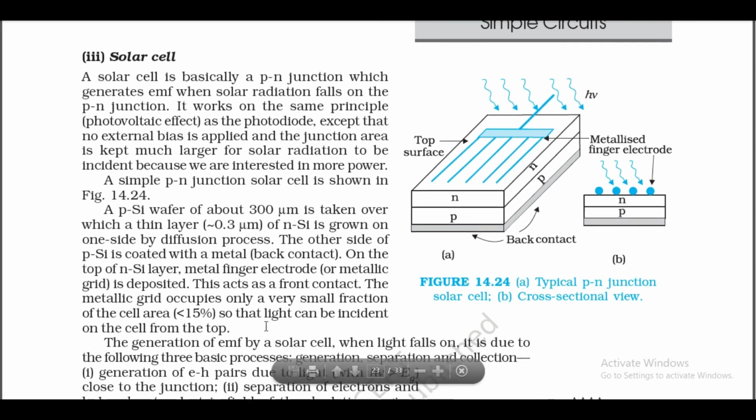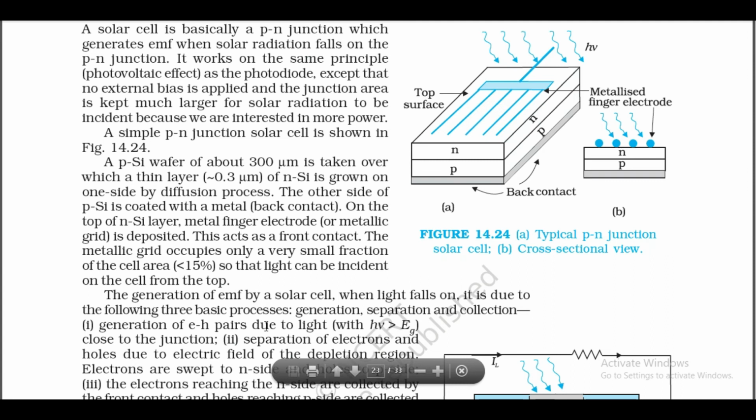The generation of EMF by a solar cell when light falls on it is due to three basic processes: generation, separation and collection. First, generation of electron-hole pairs due to light with hν greater than Eg close to the junction. Second, separation of electrons and holes due to the electric field of the depletion region.